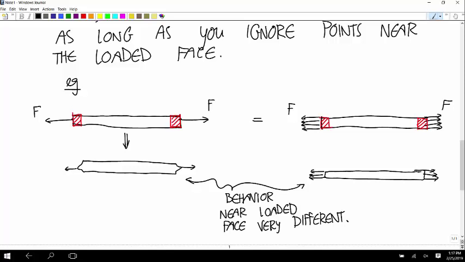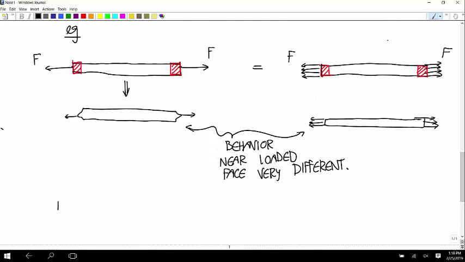Okay. So the next question that comes up is, well, how near is too near? And that really just depends largely on how much precision you want. But I can give you sort of a general guideline that people use. So how near is too near?